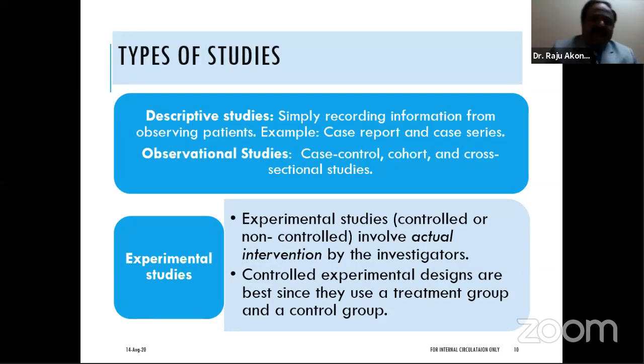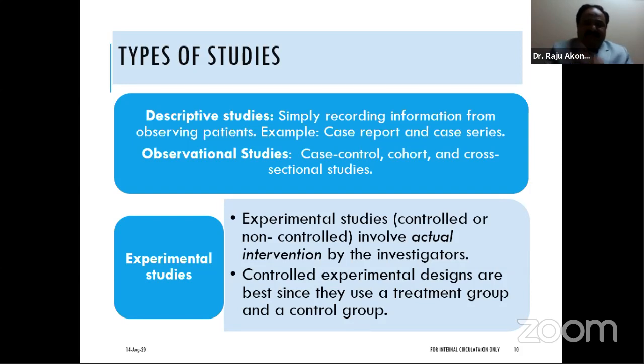You just observe it, and then they write down whatever results they found in the form of a case report or a case series, and then they publish it. Okay, these are descriptive studies. Then there are observational studies. You have case control, cohort, and cross-sectional studies, right? And then there are experimental studies, like controlled experiments and non-controlled experiments.